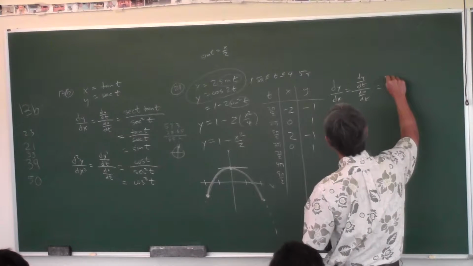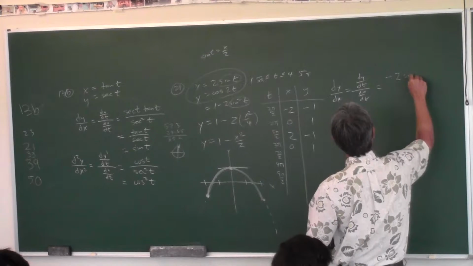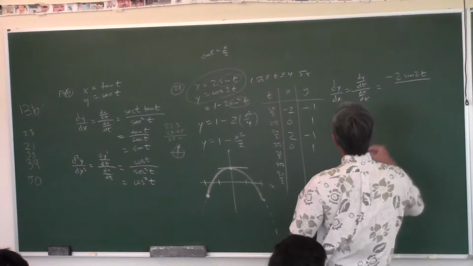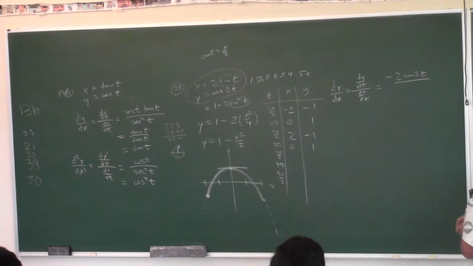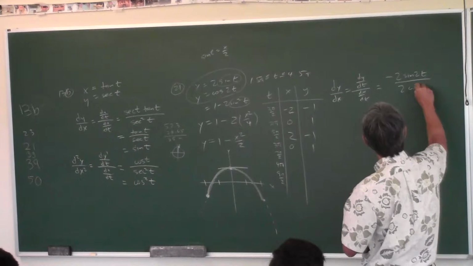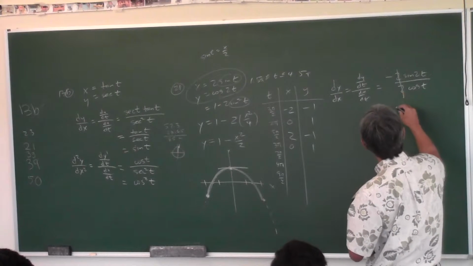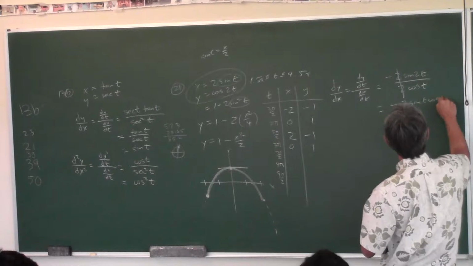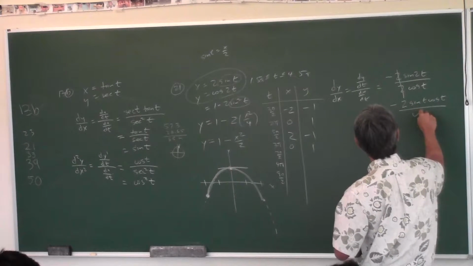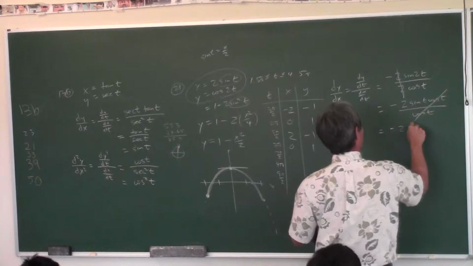dy/dt is -2 sine 2t. Yes. And dx/dt is 2 cosine t. If we simplify that, the 2's cancel out, so you get negative 2 sine t cosine t, using the double angle identity, over cosine t, which equals negative 2 sine t.